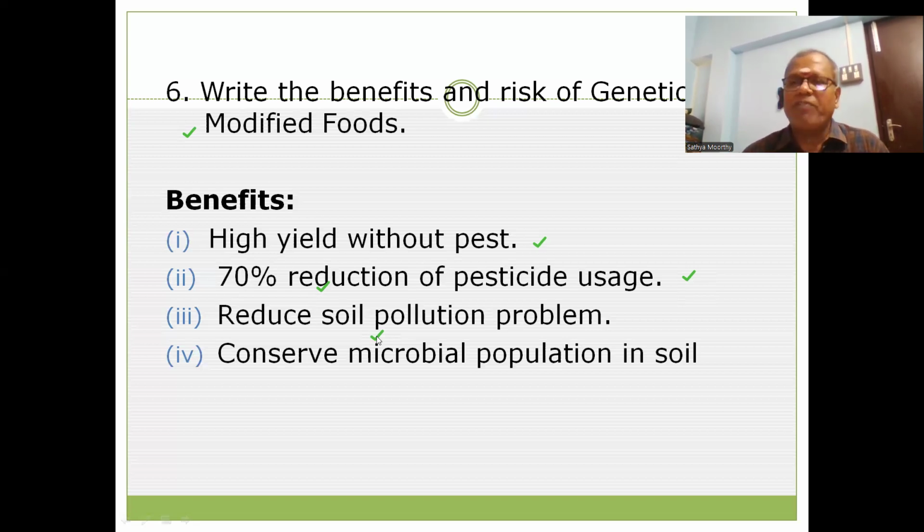So it helps to prevent the soil pollution and helps to conserve microbial population in soil. If the soil is undisturbed, then the growth of natural microbes is not affected. So rapid proliferation of microbes in the soil and decomposing ability of the soil is also increased.